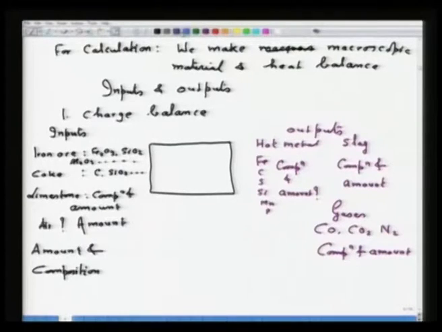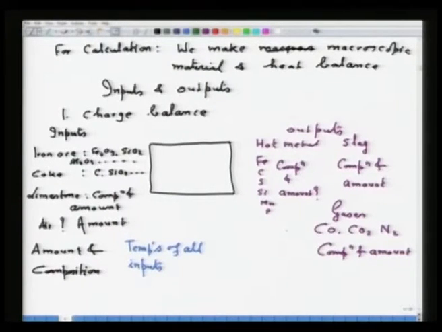So, when we want to do the heat balance, then we should know temperatures of all inputs: air, limestone, coke and iron ore. Unless we know their temperatures, we cannot calculate the heat balance.